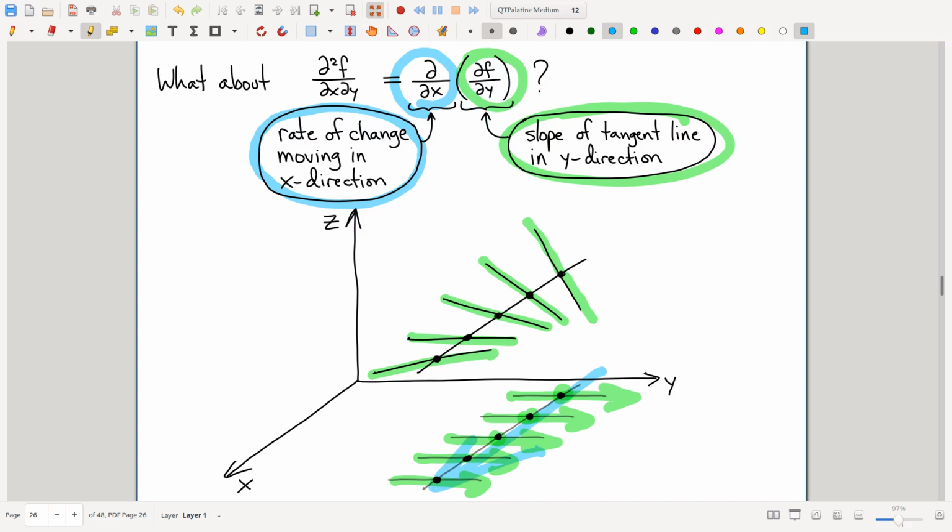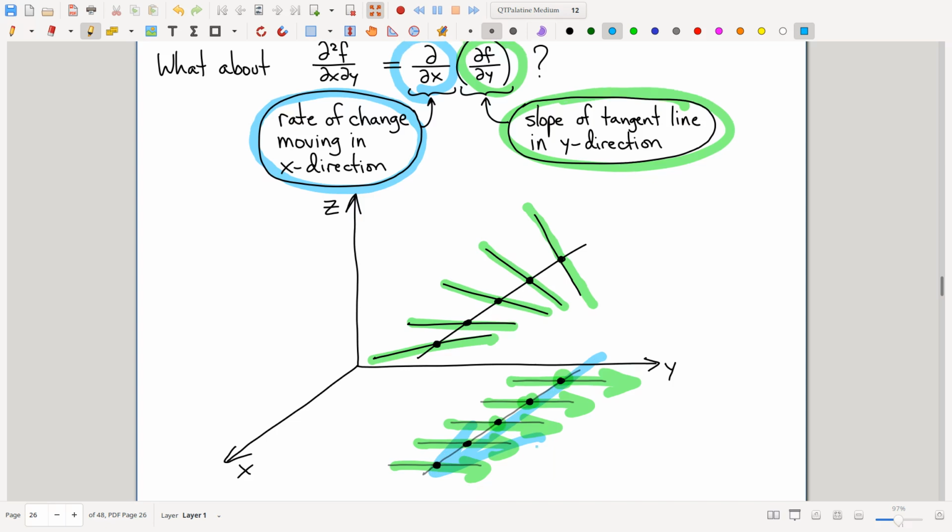And so that's why I drew all of these different y tangent lines to my invisible surface: I need to consider how these slopes change as I move in the x direction. So I'm representing the y partial as slopes, and the x partial as how fast those slopes are changing.